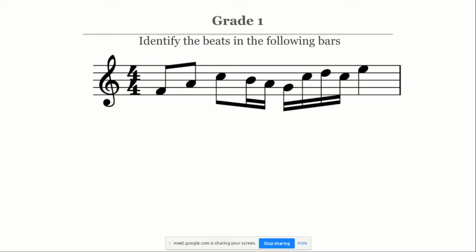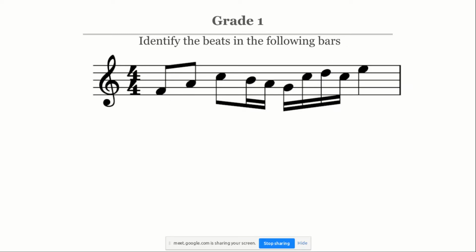Sorry? 2 crochets. So kindly help me point out the first crochet. Where does the first crochet come to? Where does it end? No, not 2 crochets, but 2 quavers. So 2 quavers make 1 crochet. Thank you. Yes. Another crochet, another beat.